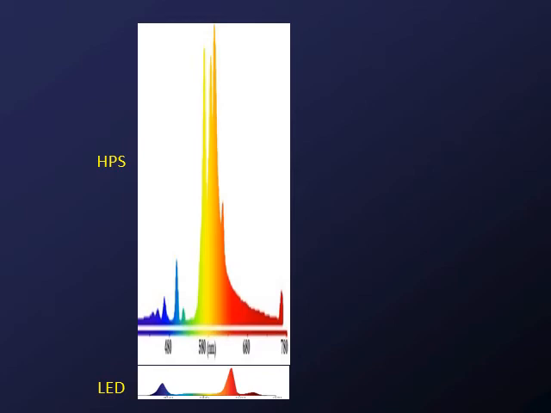And what I'm trying to say is that HPS lights produce a lot of light. And let's be honest, this yellow portion, we know plants use it, but not nearly as much as blue and red, right?